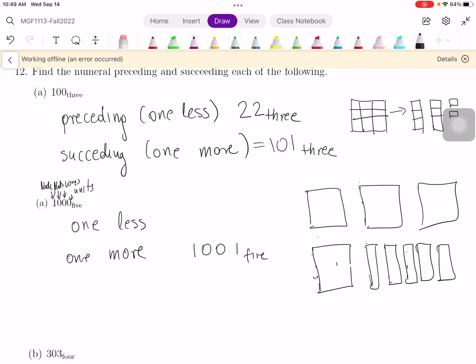But one of the longs I'll split into 5 units. Okay, so it's the same as we had originally.